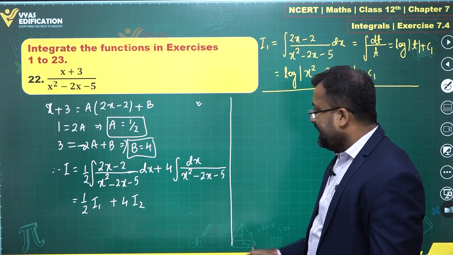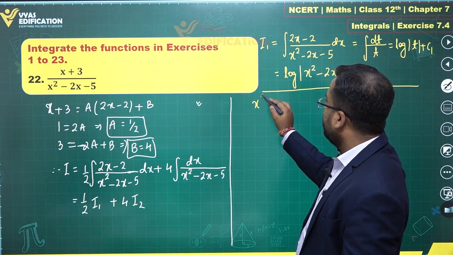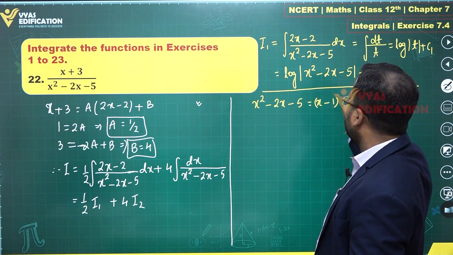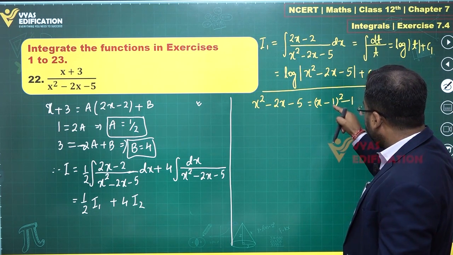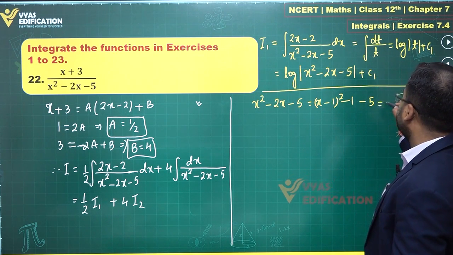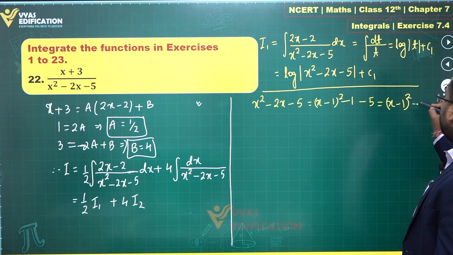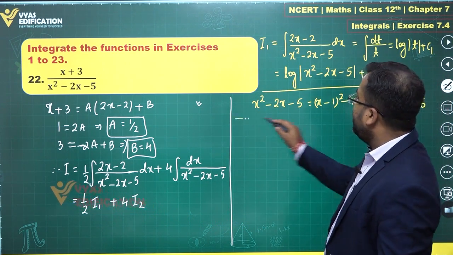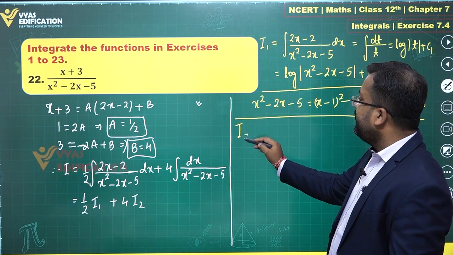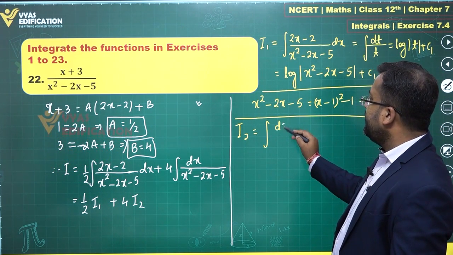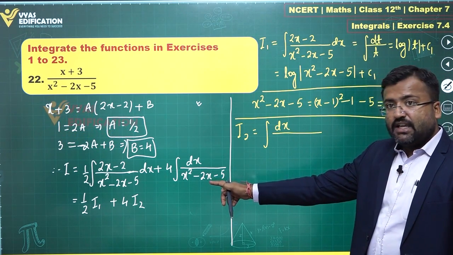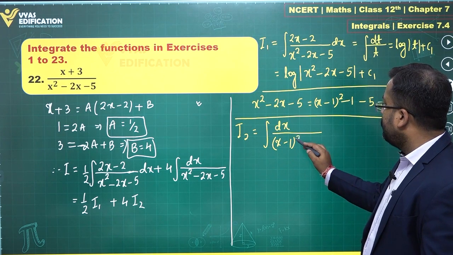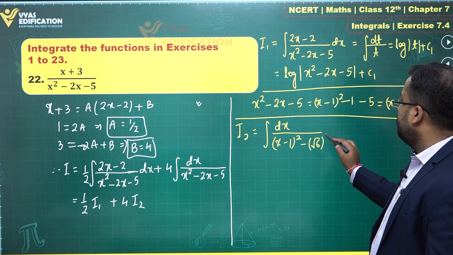For finding the second integral, we need to convert this into a perfect square. x square minus 2x minus 5 is equal to x minus 1 whole square, and you have minus 1 from here, you already have a minus 5. This converts to x minus 1 whole square minus 6. Now 6 can be written as root 6 square also. I2 is the integral of dx upon x minus 1 square minus root 6 square.